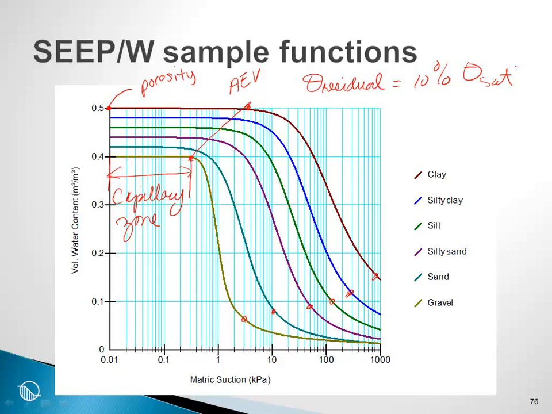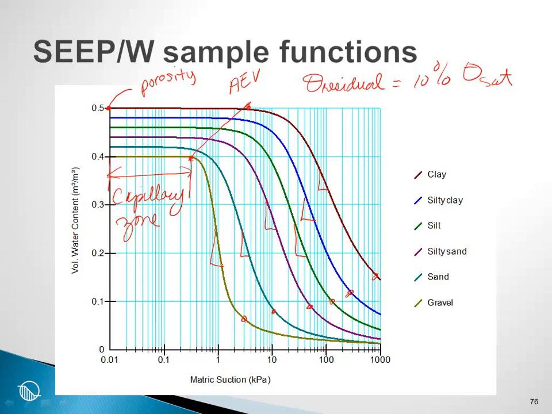The one thing that is more difficult to define and have an intuitive feel for is the slope of this curve. And as I have noted earlier in the SEEP-W presentation, this slope is related to grain size particle distribution and to pore sizes in essence.